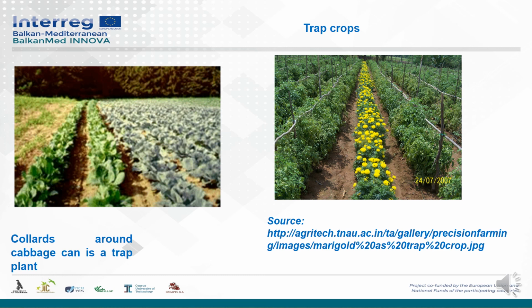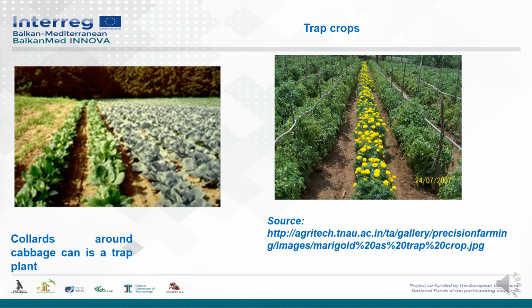In the case of collards, a collard can serve as a trap plant. This means in this case it is a trap for the pests. And the other one with Tanacetum is in fact a plant that attracts the beneficial insects.